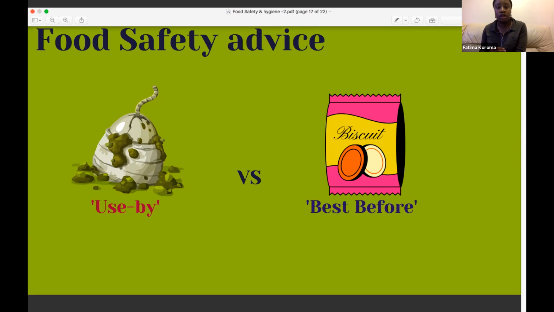Especially with meat products, it's advisable not to eat it after that date, because you risk getting sick.